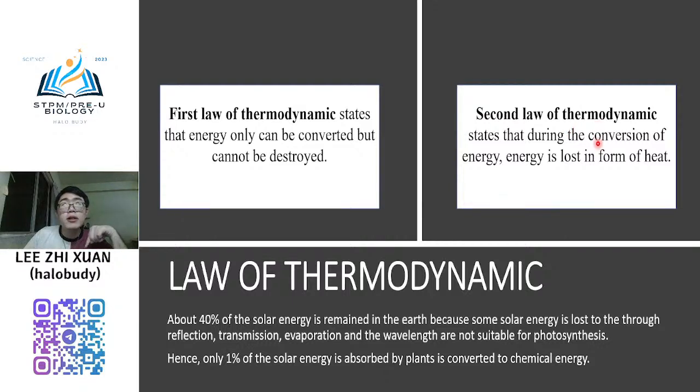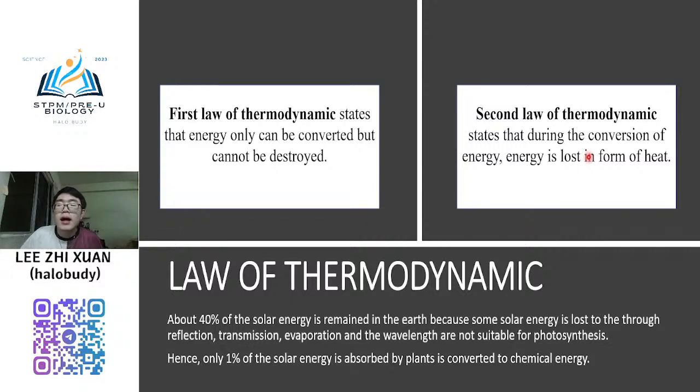Meaning the primary consumer cannot obtain all the energy from the producer. Tak boleh ambil semua punya. Same as when you eat food. If you eat vegetables, rice, or meat, you cannot obtain all the energy within the food. You can only obtain maybe 10%, 20%, 30% like that.